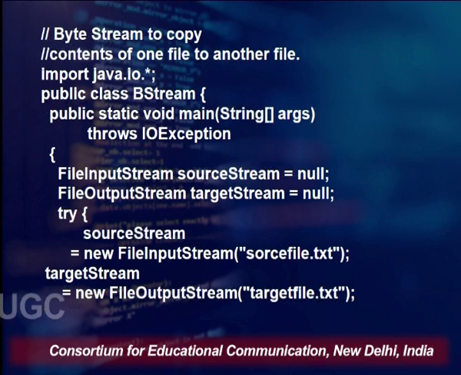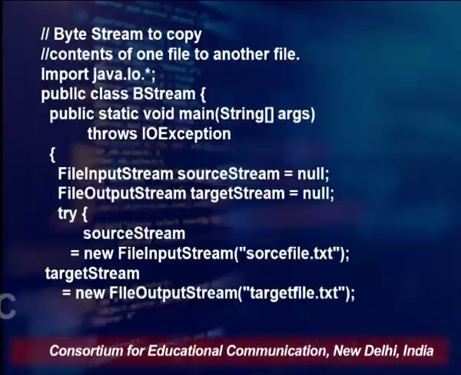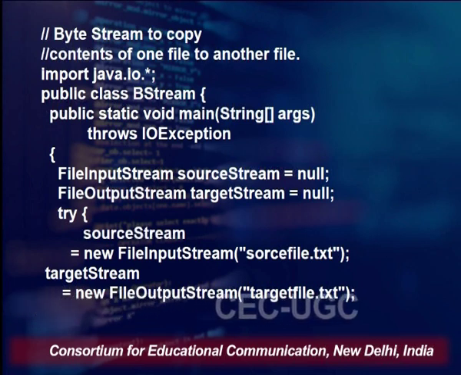In the next statements of the program a loop will read whatever is available inside the source file, and that will be written to the target file.txt. All these statements are enclosed inside the try block because they are susceptible to throwing an exception. So, here we have written sourceStream equals new FileInputStream and the name of the file in double inverted commas.